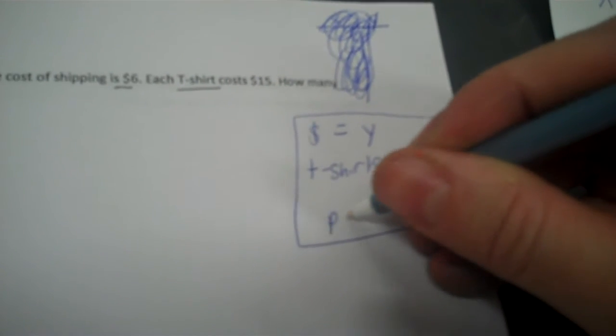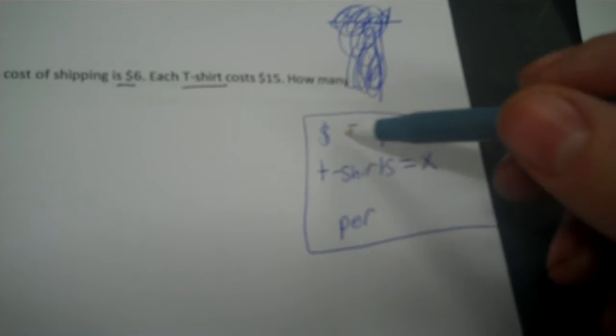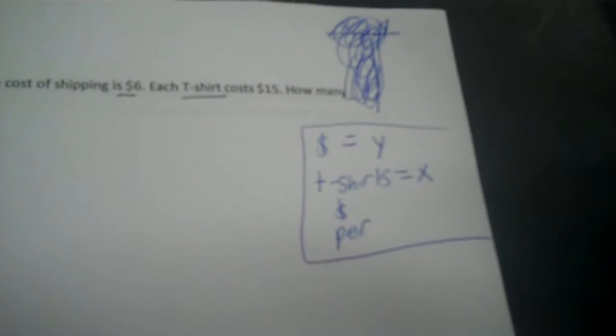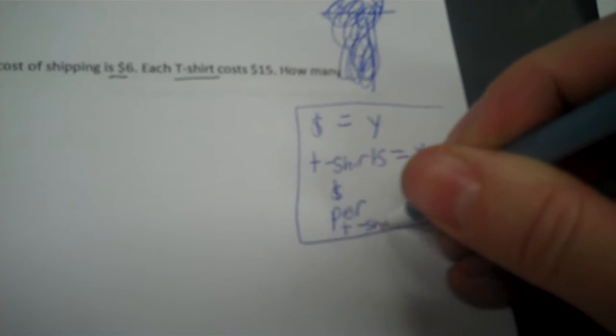You're going to write the word per, P-E-R, and whatever the Y label is, you put on top of the word per, and whatever the X label is, you put on the bottom. So I'm going to write that on this sheet too. It's the Y label on top, and the X label on bottom.